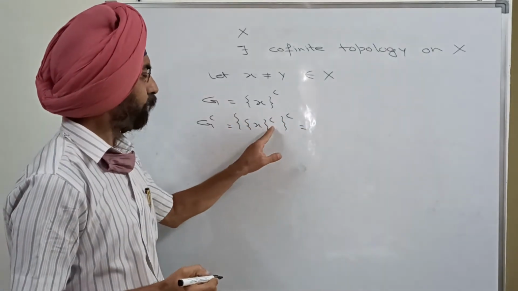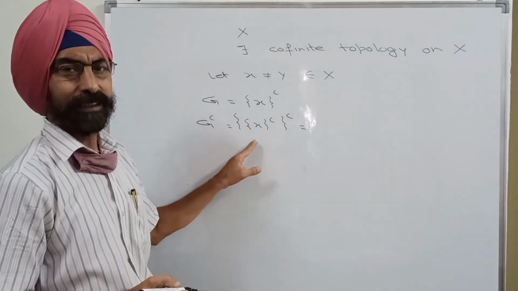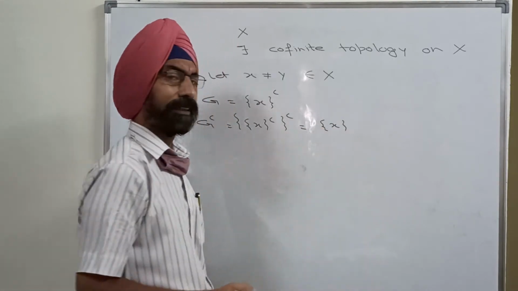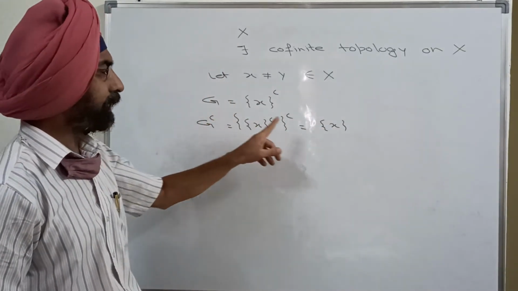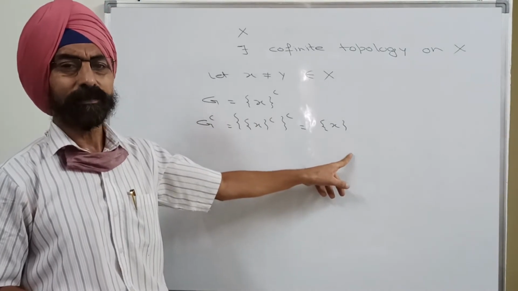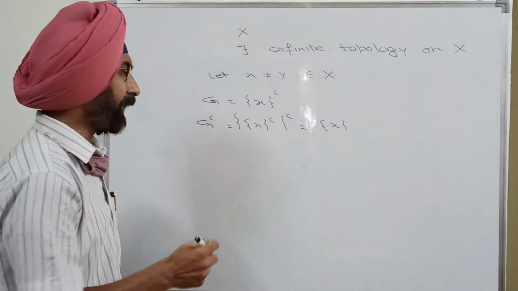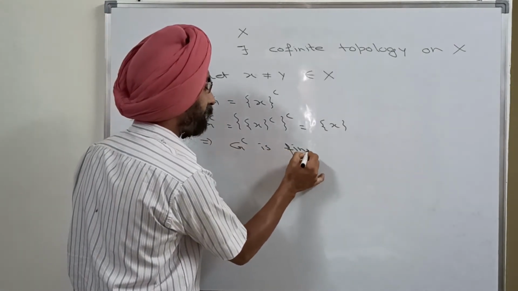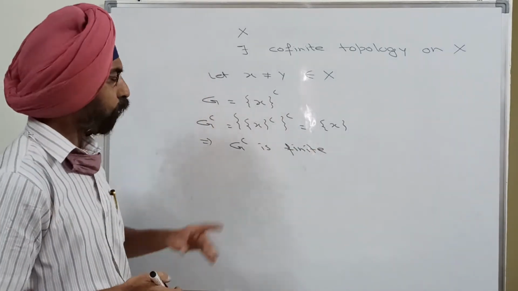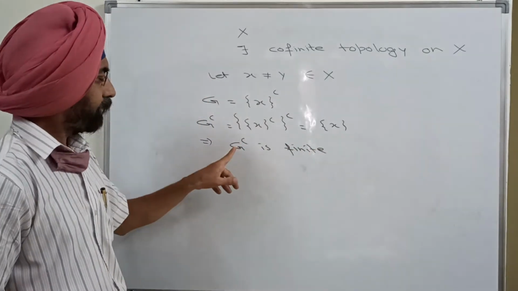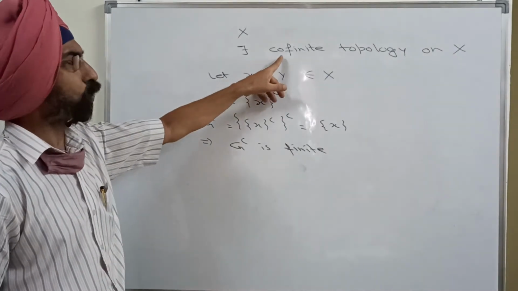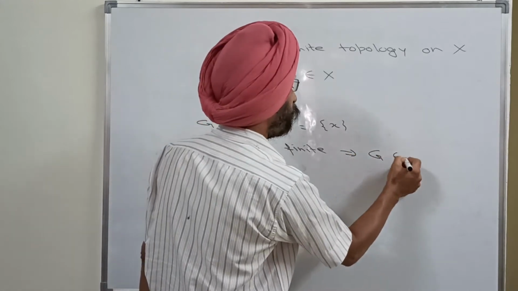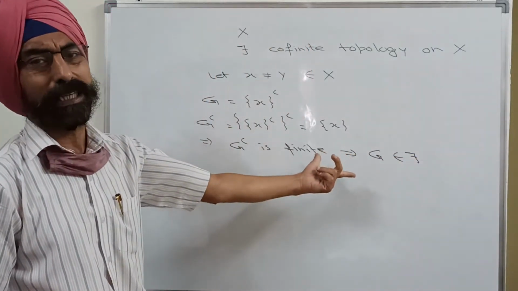And we know that the complement of the complement of a set is the same set, so it is the singleton set {x}. That means G complement contains only one element. That means G complement is finite. Since G complement is finite, G must be an open set because it is the cofinite topology. So this means your G must belong to the topology tau.